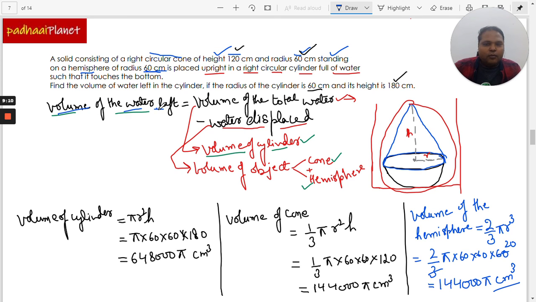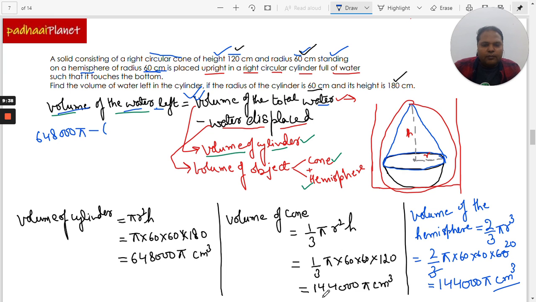So we have got everything now, and we can simply find out the volume of the water which is left in this cylinder. If we put all these three values in this relationship, let's first put the volume of the total water, which is 6,48,000 pi, minus the water displaced, meaning the volume of the cone as well as the hemisphere. So that's going to get added.